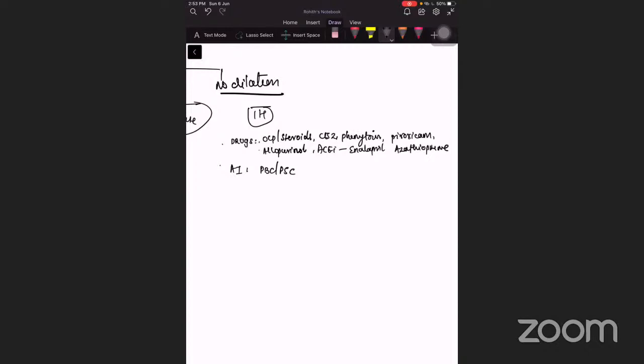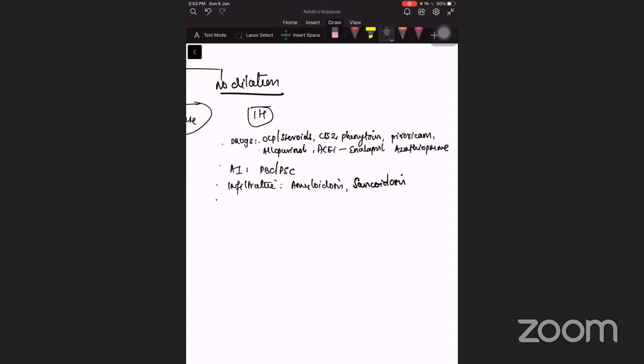So once this is done, you also think of other causes. So infiltrative disorders. So one is amyloidosis. One is sarcoidosis. Sarcoidosis, even though there is some liver involvement, we don't start treatment for it. We don't start steroids for it.